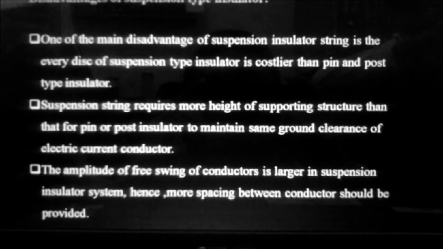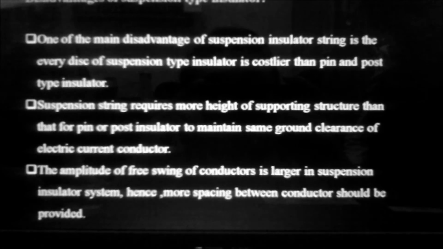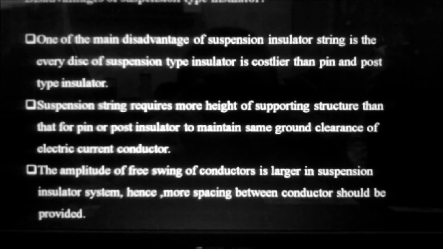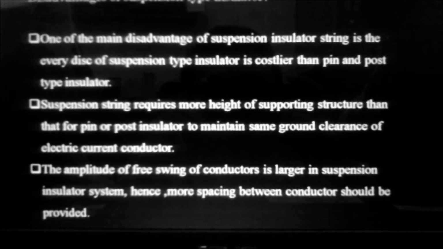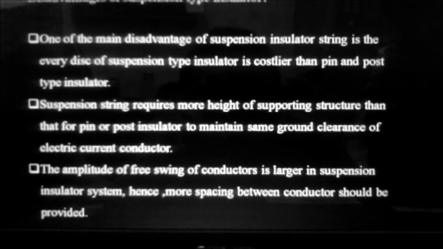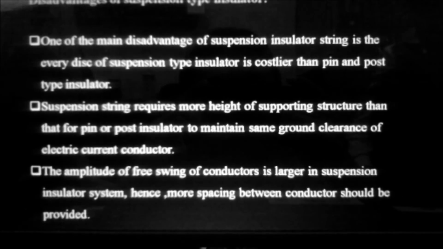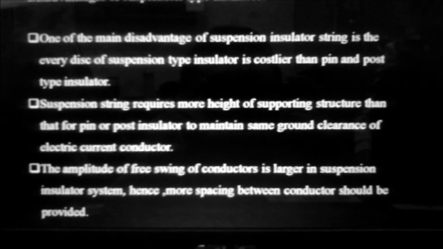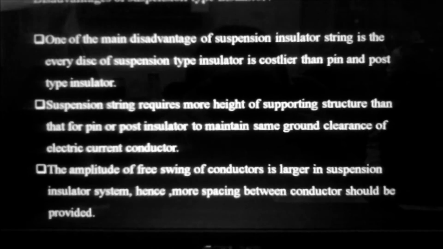Second, a suspension string requires more height of supporting structure than that for a pin or post insulator to maintain the same ground clearance of the electric conductor. And the last one is that the amplitude of free swing of conductors is larger in a suspension insulator system. Hence, more spacing between conductors should be provided.